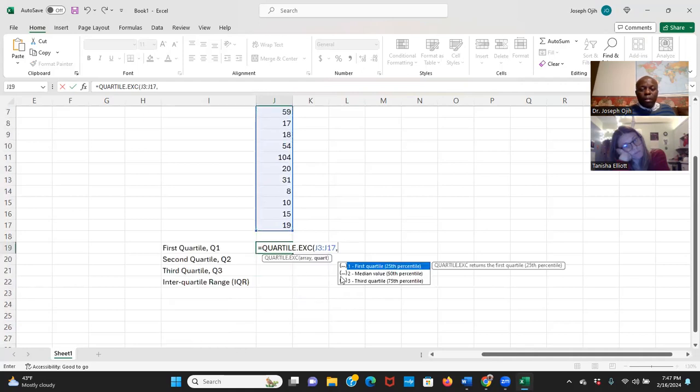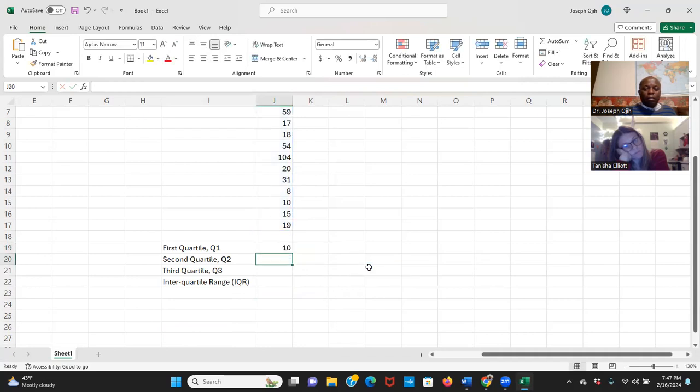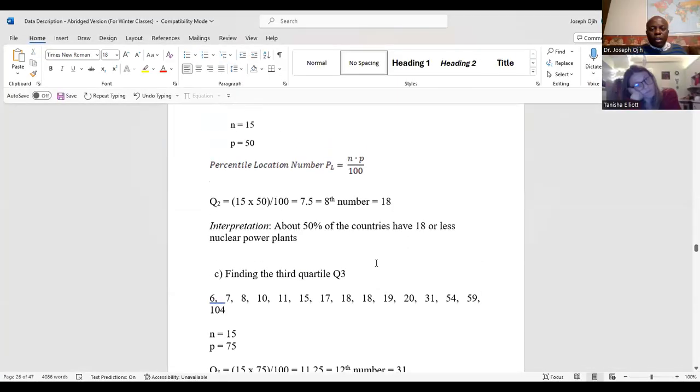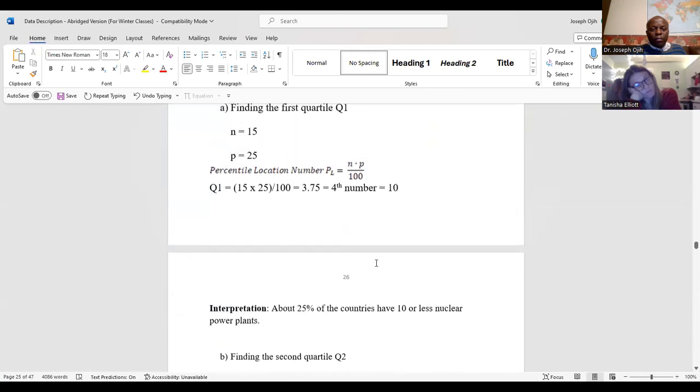Comma. You can see that 1 is for first quartile. So click on that, type 1, and then press enter. It says 10, which is the same answer we got for the first quartile here.